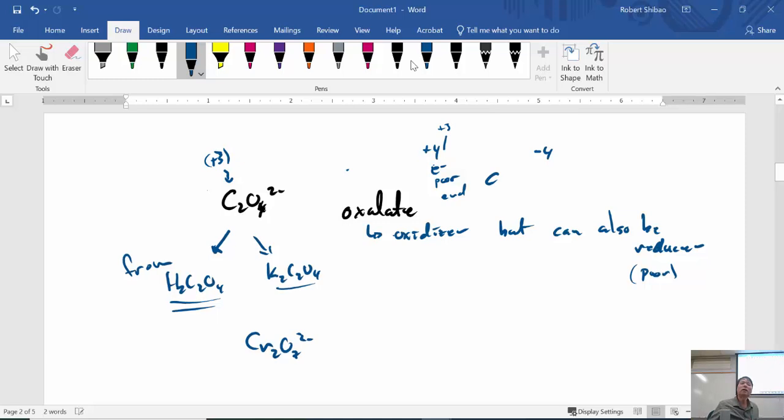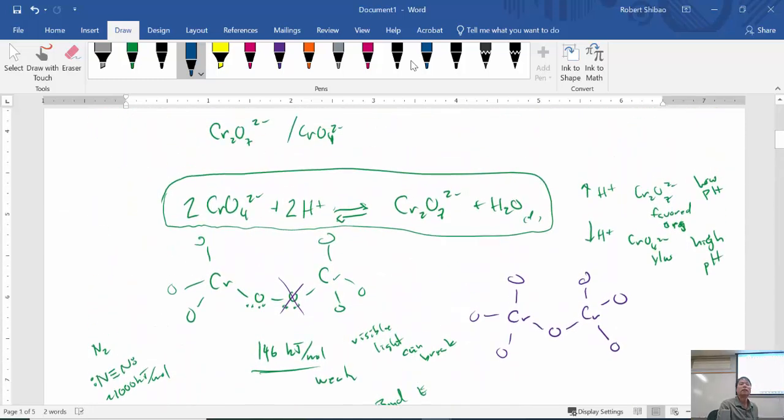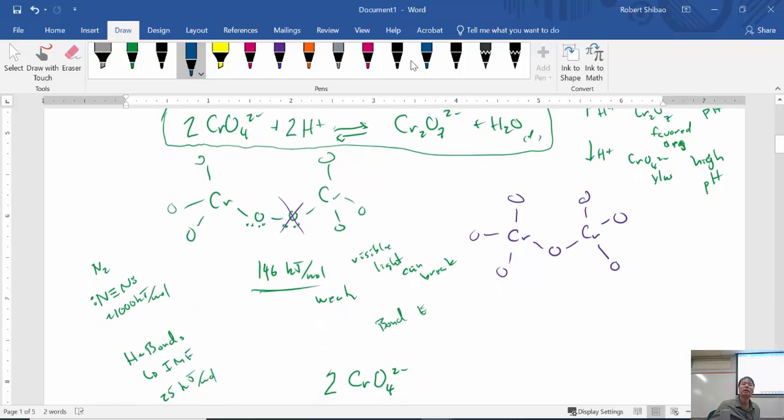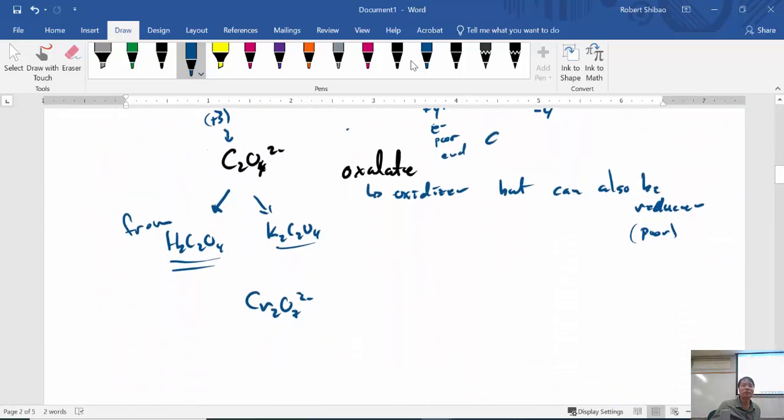Let's take a look at dichromate again. Is dichromate the acid form or the base form? In other words, which one is more stable in acid, chromate or dichromate? Dichromate. And so that's what we call the acid form, whereas chromate would be the base form because that's what's most stable in base solution.